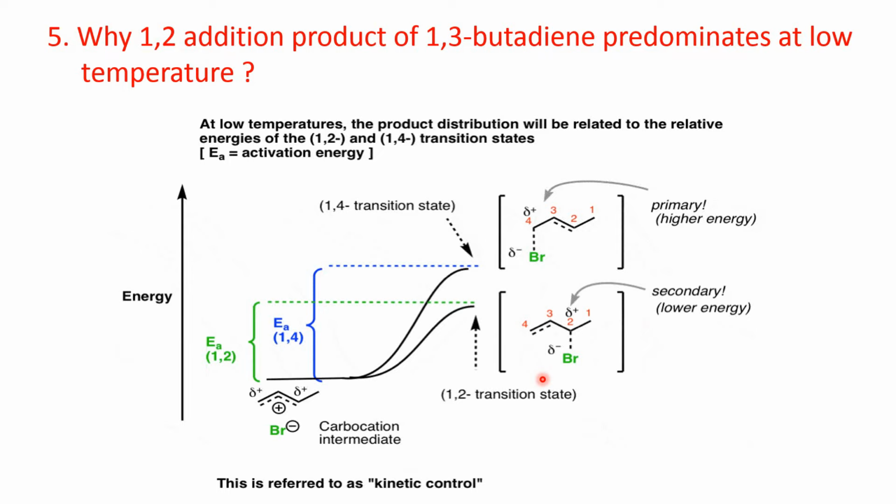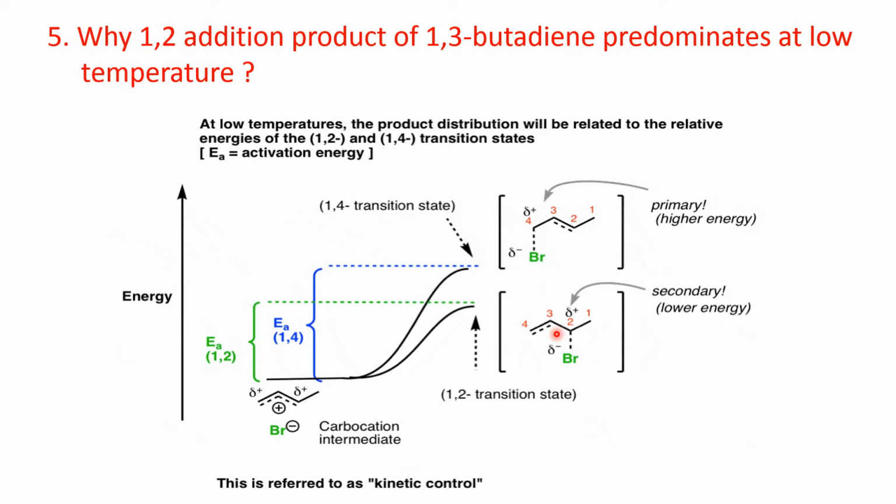Okay. That means this reaction is known as the kinetically controlled reaction, or the kinetically controlled addition reaction of 1,3-butadiene. Therefore, what we observe is that this kinetically controlled reaction is governed by the stability of the intermediate. Here the intermediate is the carbocation, and moreover at low temperature this reaction is irreversible.